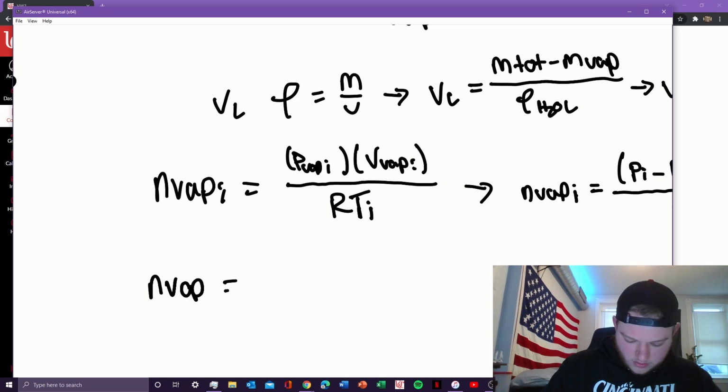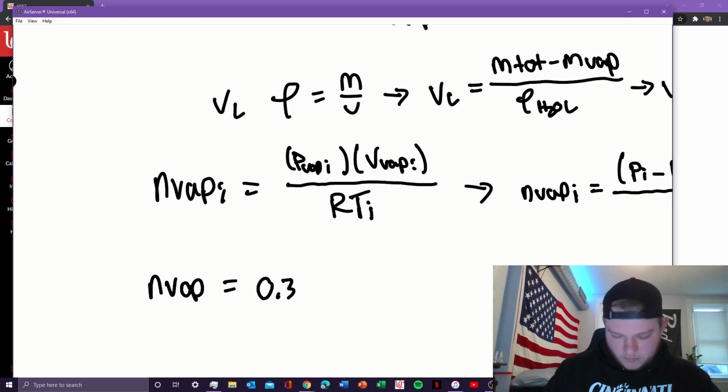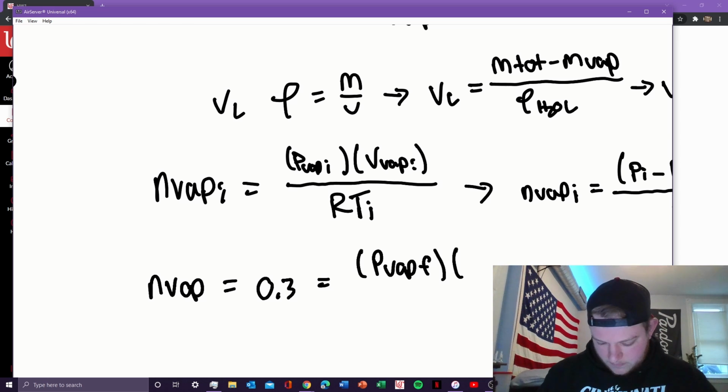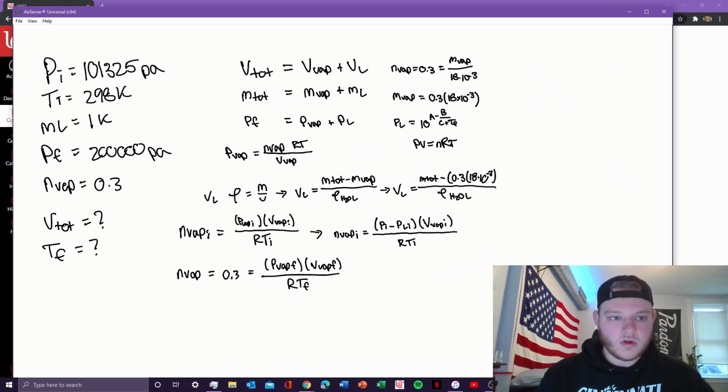Moles of vapor finally equals 0.3 because we were given that, equals the pressure of the vapor at the end finally plus the volume of the vapor finally, all over R times T finally. Okay, those are all the equations that I can think of that we can relate to this problem.